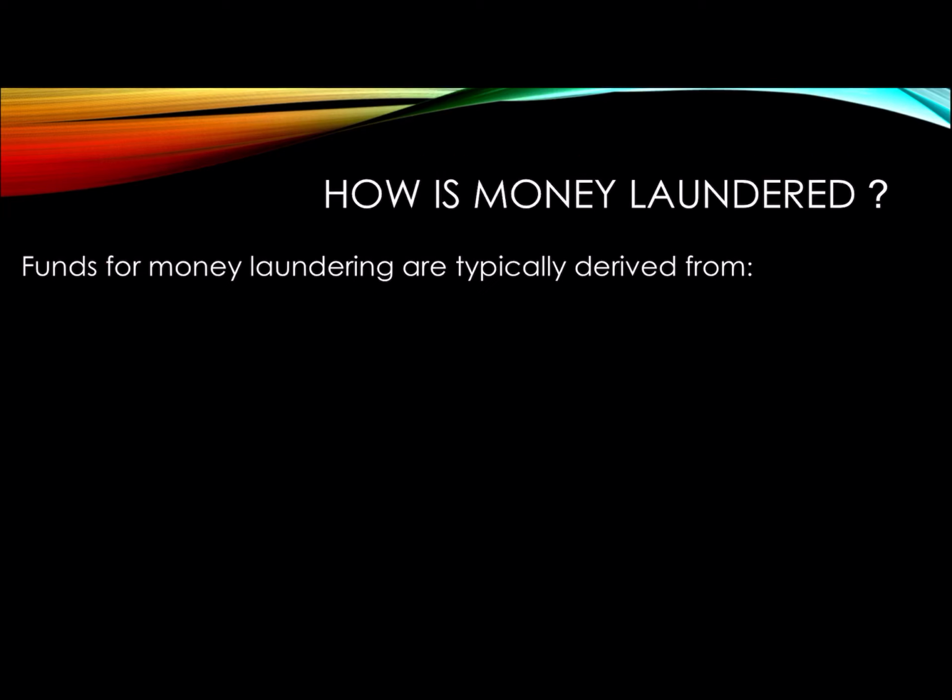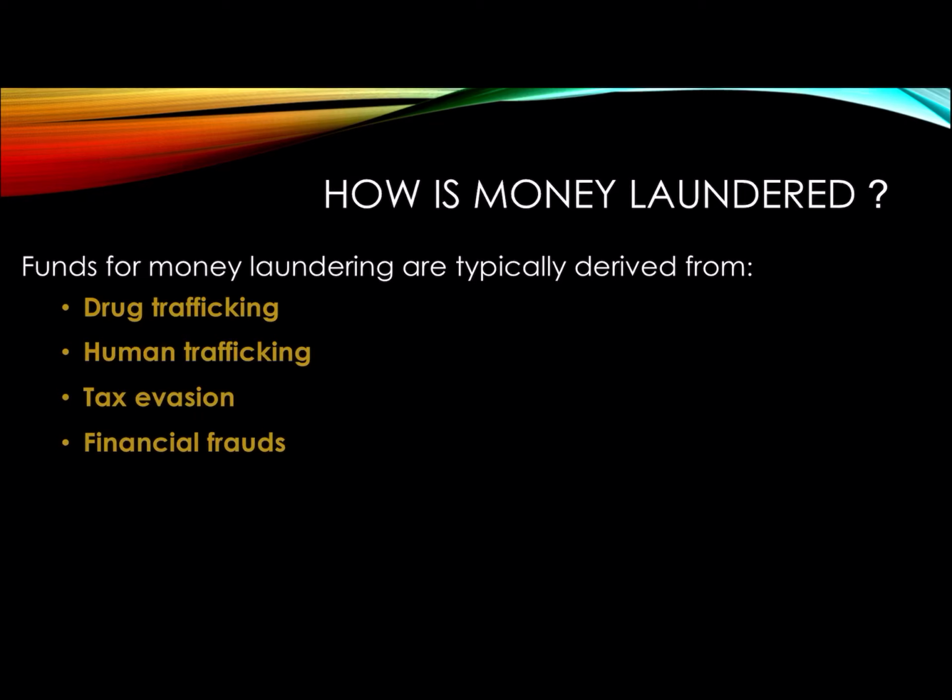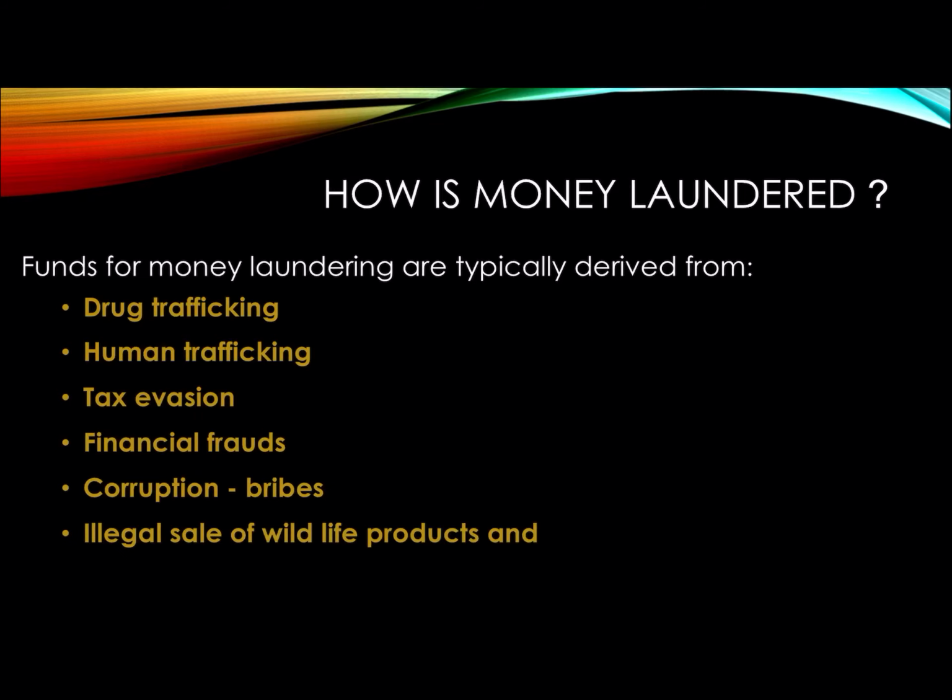Let's also understand how money is laundered. Funds for money laundering are typically derived from drug trafficking, human trafficking, tax evasion, financial fraud, corruption, bribes, illegal sale of wildlife products, and other specified predicate offenses. We also need to understand that money laundering is not a new concept.